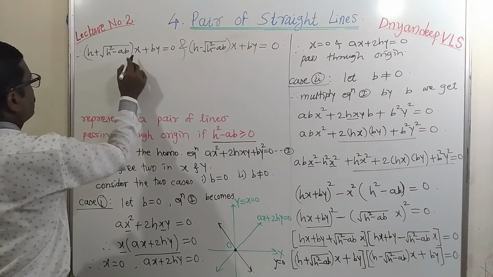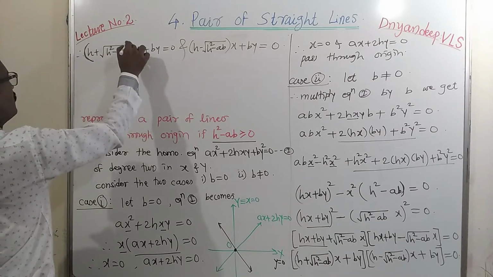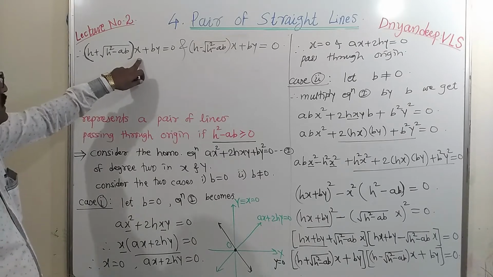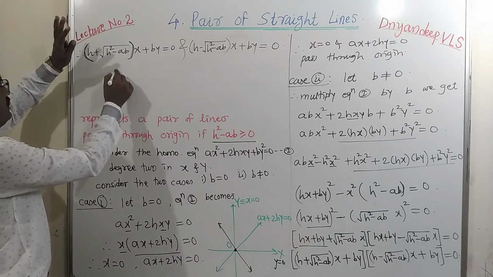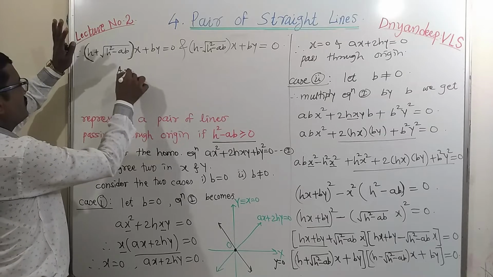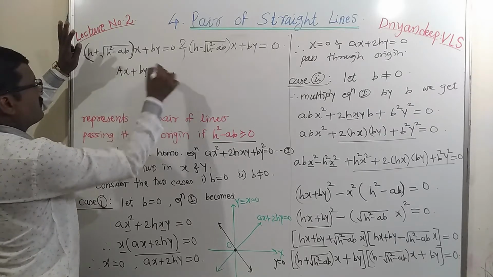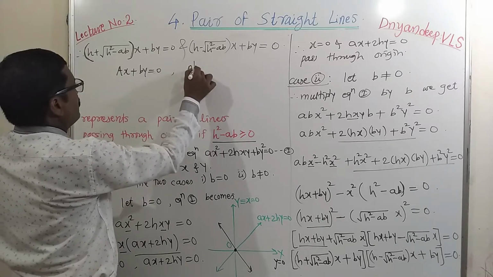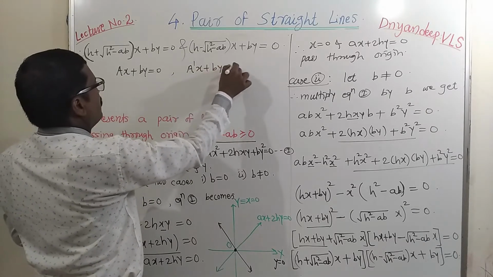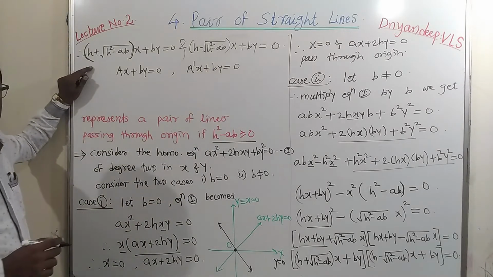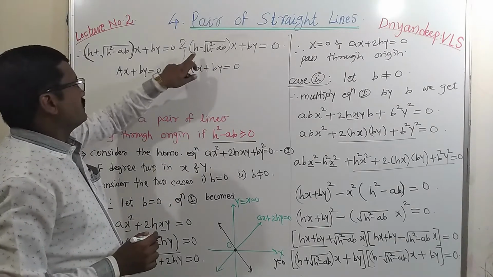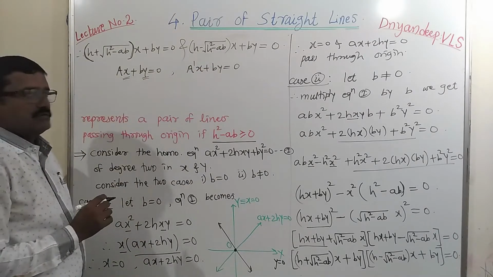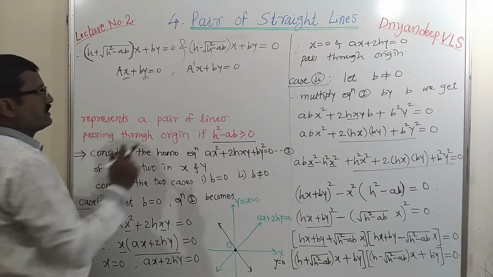So we get here, this is the constant h plus root h square minus ab is constant into x. You can consider this as capital A. So this is of this type, and consider this as A dash, where A is nothing but h plus root h square minus ab, and this A dash is nothing but h minus root h square minus ab. So these are the two equations in terms of x and y.